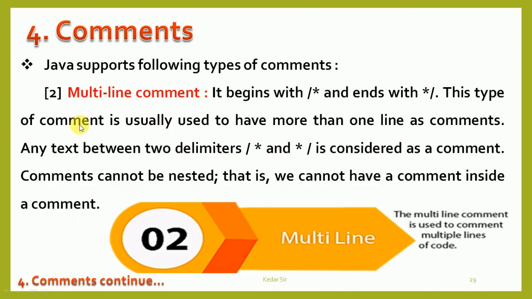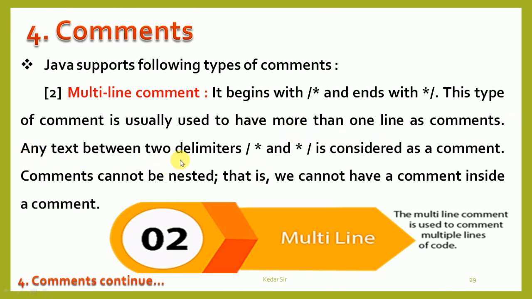Then what are multi-line comments? They begin with a forward slash and asterisk, then you write your comment and end it with an asterisk and forward slash. This type of comment is usually used to have more than one line as a comment. If you wish to write a single line comment, use double forward slash, right? And if you want to write more than one line, use this multi-line comment.